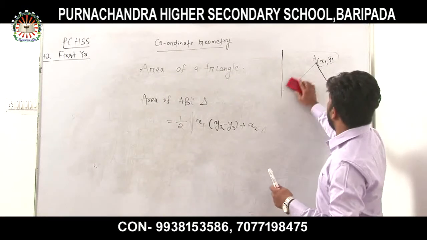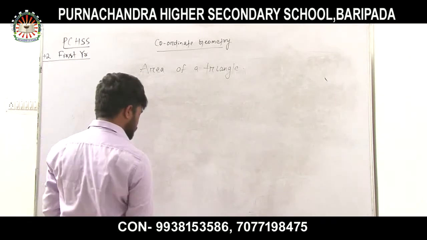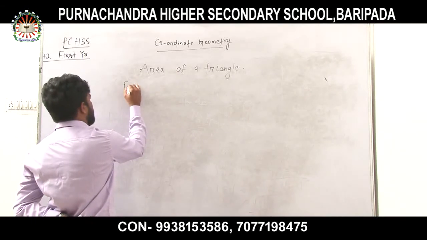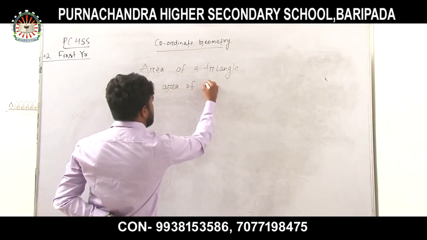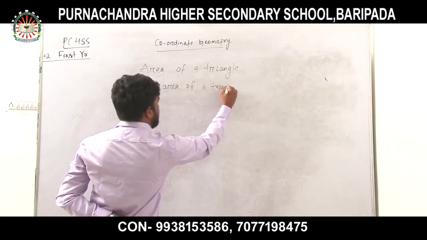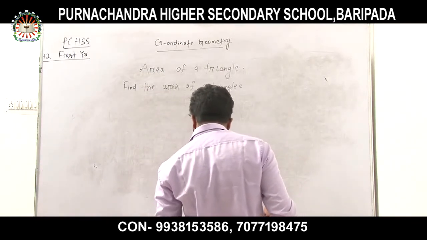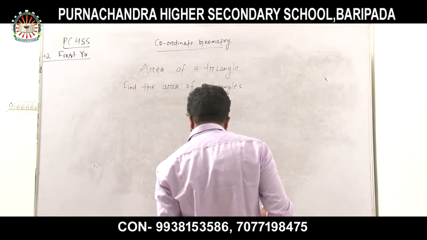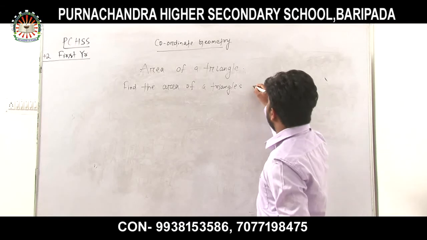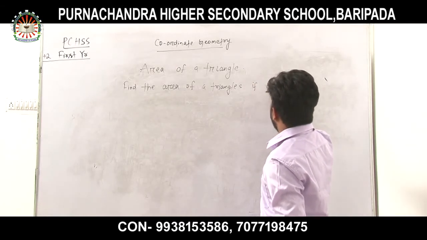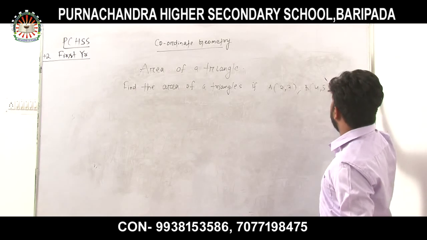Let's take an example. Find the area of triangle if A has coordinates 2, 3 and B has coordinates 4, 5 and C has coordinates minus 1, 3.